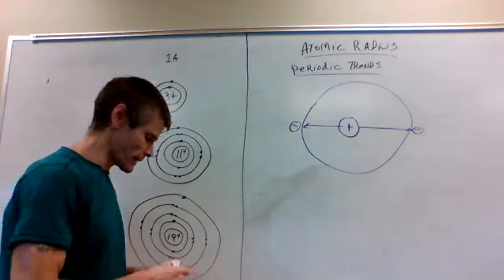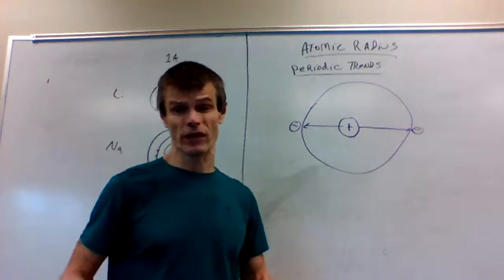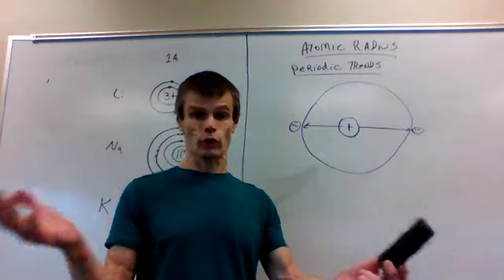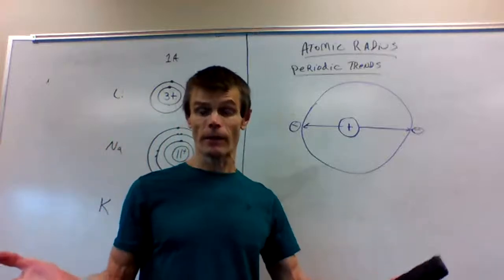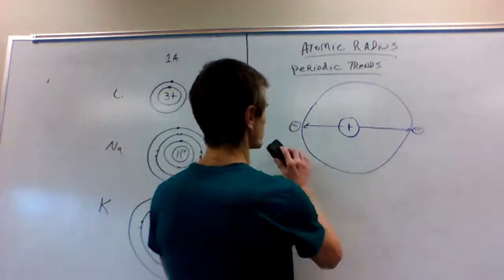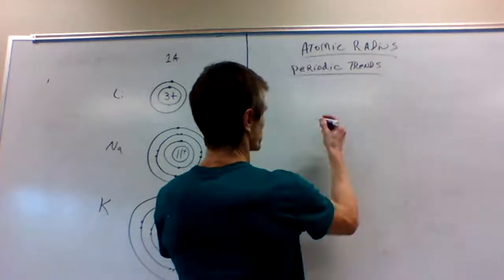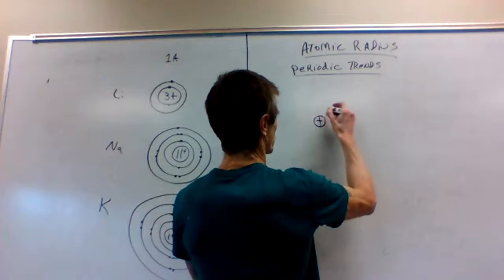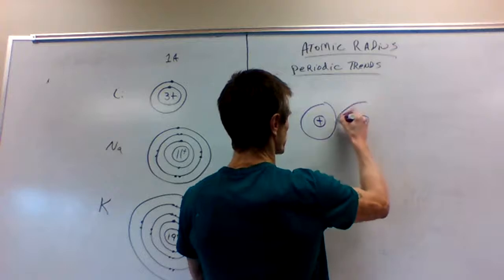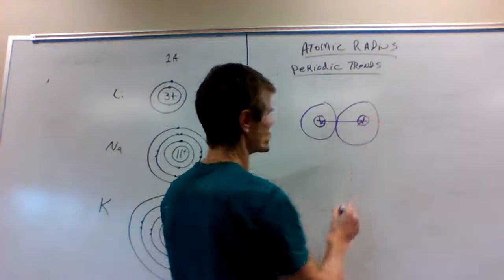Now, experimentally, you might ask, how can we measure a single atom? Do we have that sophistication of measurement? What we do experimentally is we take two atoms that are the same, like hydrogen in its molecular form, two hydrogen atoms that are bound to each other covalently. And we'll learn about covalent bond formation. And if this is the nucleus and we have another nucleus here, and they're touching like that, we can measure the distance between the two nuclei.